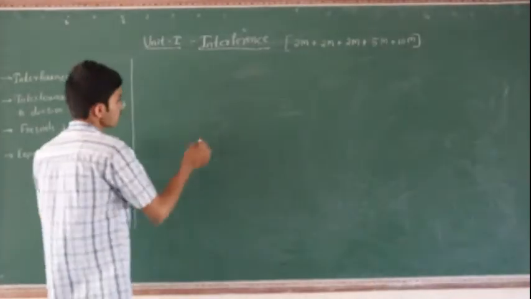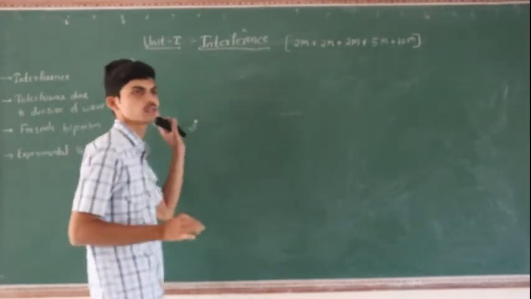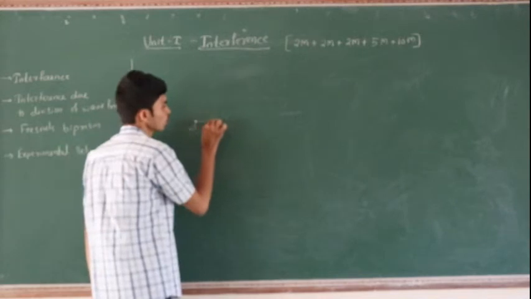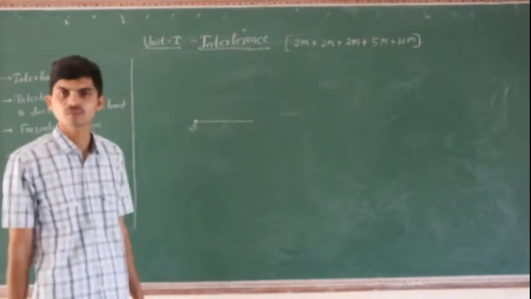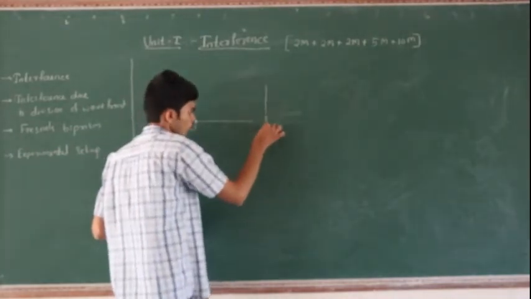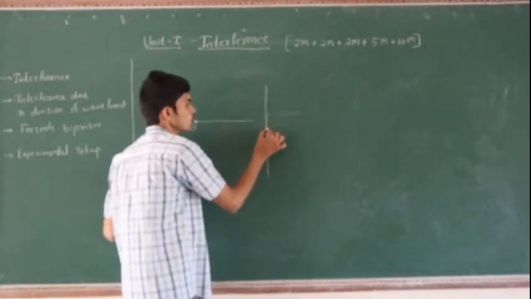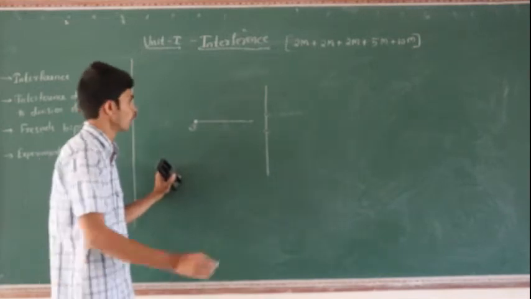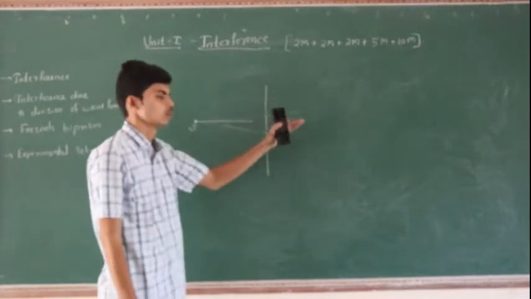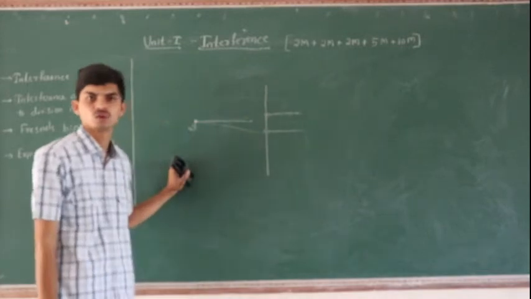See here, consider one narrow ray emerging from the source S, and consider one slit having two holes side by side. The ray will come and go through these holes. What happened? Two rays will be going from that.